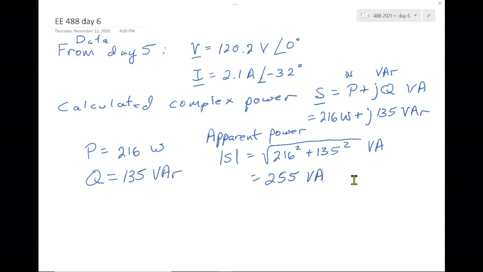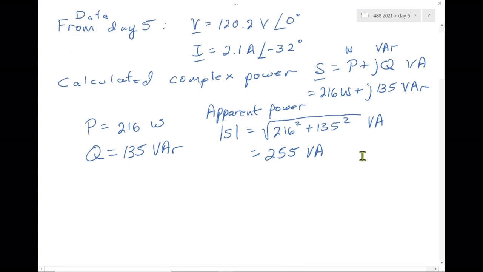The reactive power here in my house for the air conditioning compressor would be significantly higher than 135 VARs because it has a much larger motor in it. So in general, reactive power depends on the size of the load and how many loads you have that are using reactive power. So it's not a great value to give to indicate what the losses are.